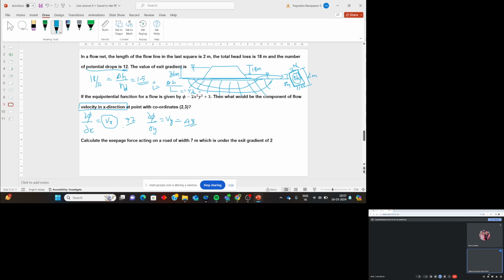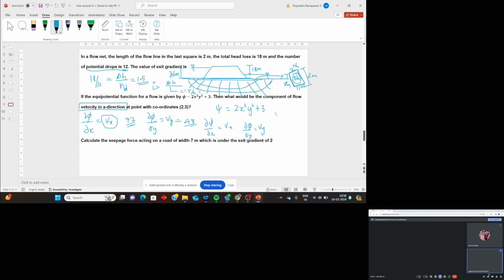Now, if it is a stream function psi, and the same function is the stream function 2x squared y squared plus 3, what will be the flow velocities? It will not be the same, because in case of potential function, dou phi by dou x is equal to Vx, and dou phi by dou y is equal to Vy.